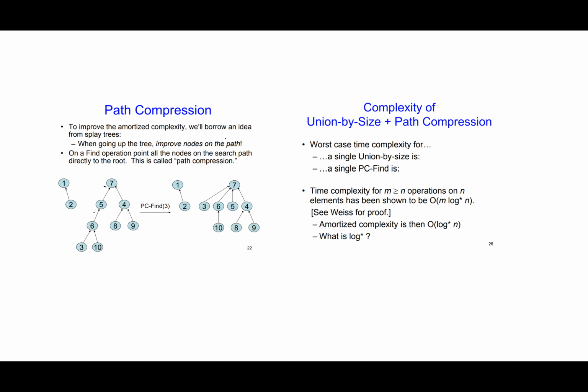What we do is we just erase this link and create a direct link to the root. So the next time, if someone comes and asks find 3, it will be returned in 1 step.